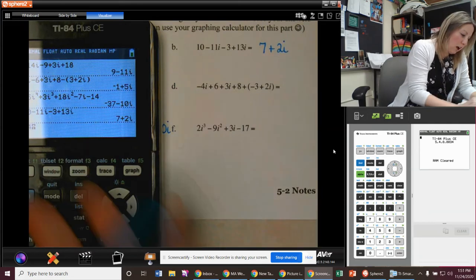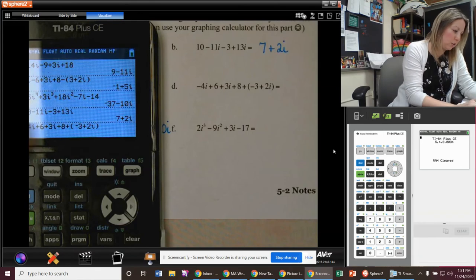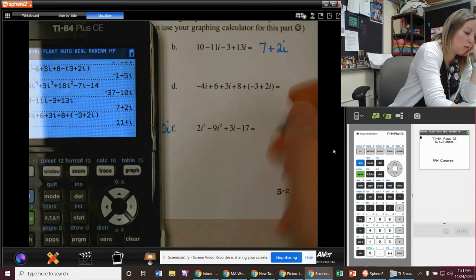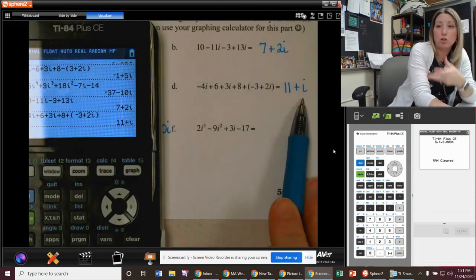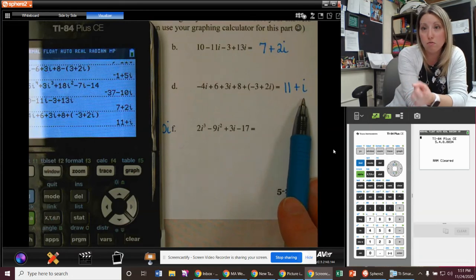Negative 4i plus 6 plus 3i plus 8 plus, and then in parentheses 3, negative 3, excuse me, plus 2i. That parentheses really doesn't need to be there because it's not a negative in front of it. So 11 plus i. When there's just an i there, what's the coefficient in front of i that I'm just not writing down? 1.